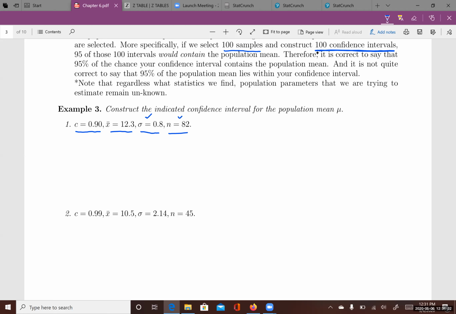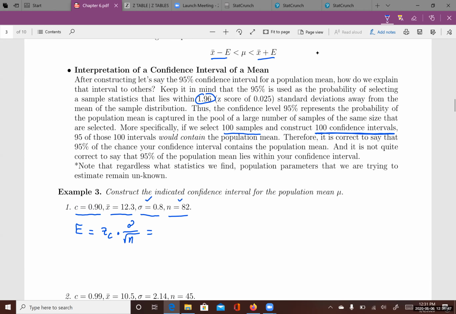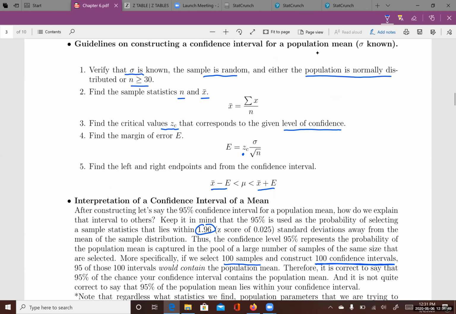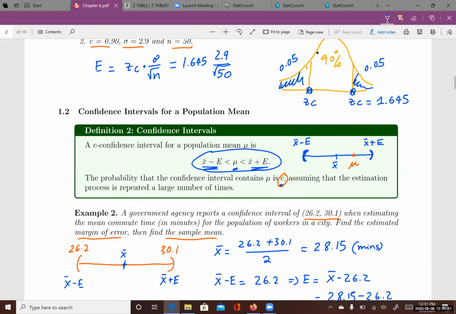So before we can construct the confidence interval, we need to find E, right? E is equal to the critical value times sigma divided by the square root of n. The critical value for 90%, we found up here, which is 1.645.